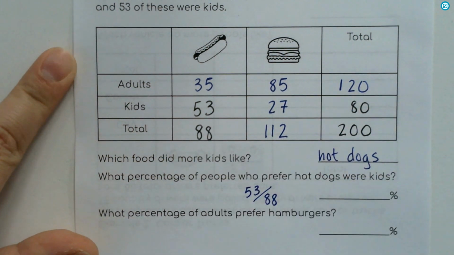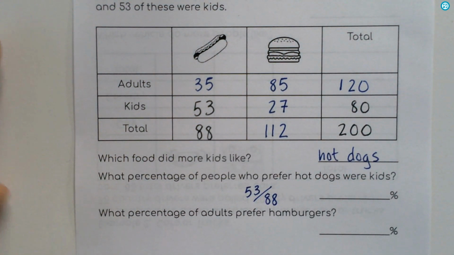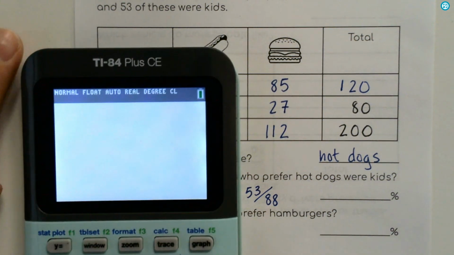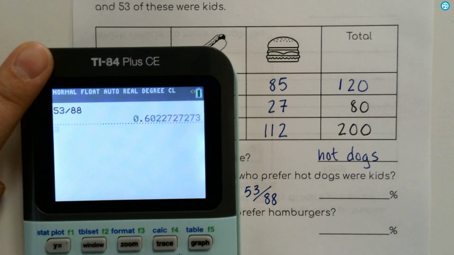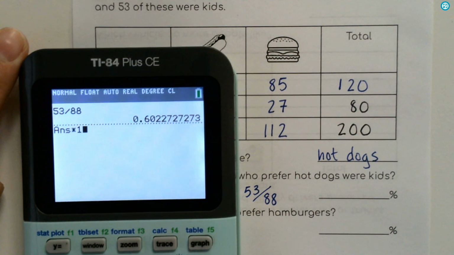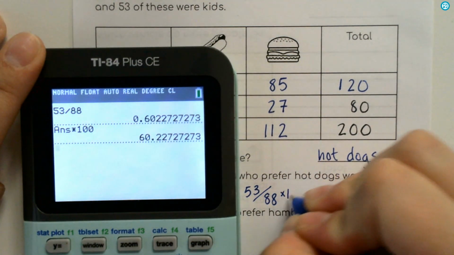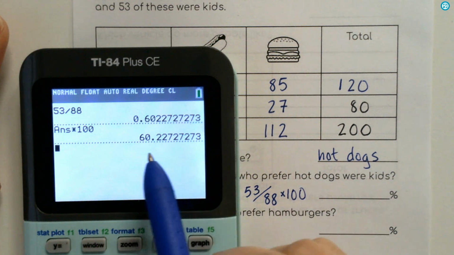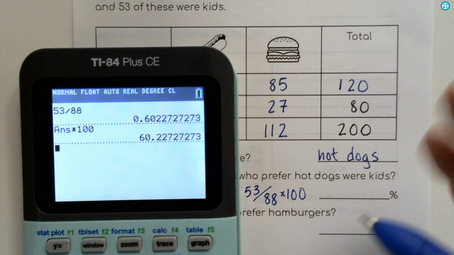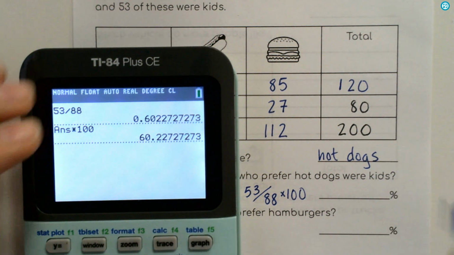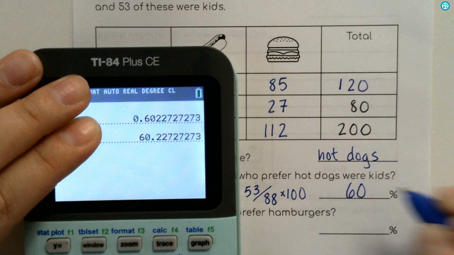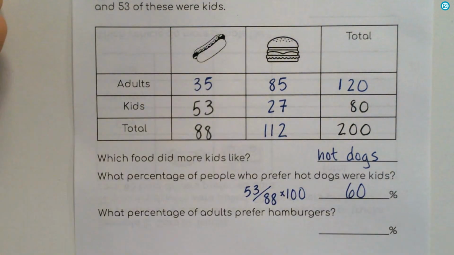So we're going to take that 53, divide it by 88, and then multiply by 100. That gives me 60.2. That doesn't round up. It stays at 60%. So 60% of the people who preferred hot dogs were kids.